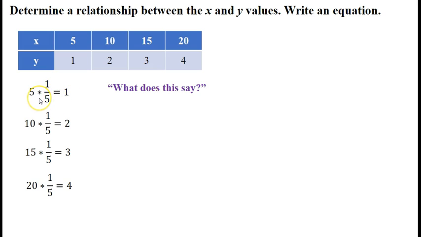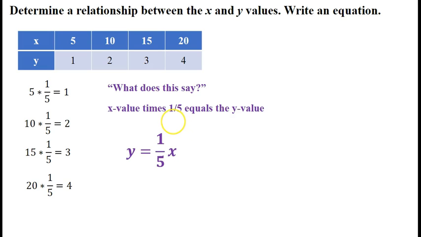Well, how I read it, I would say that 5 times 1/5, 5 being our x value, so our x value times 1/5 equals our y value. So then we're just going to take out the words and put in our variables and our operations. So y is equal to 1/5 x. Easy peasy lemon squeezy.